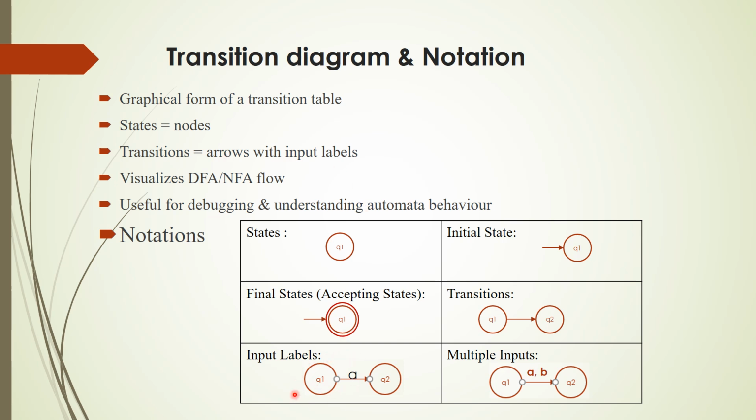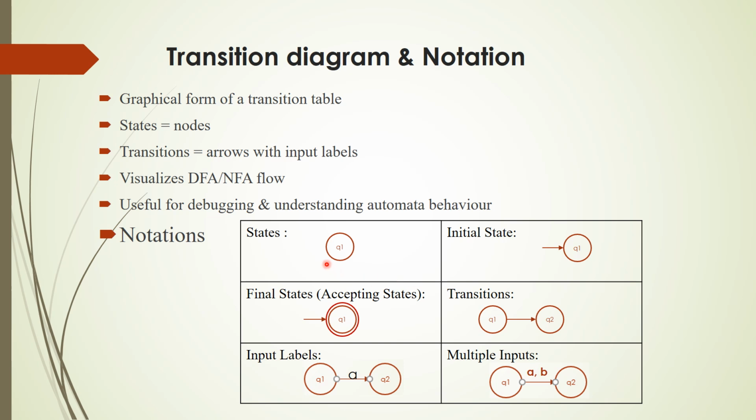In this diagram, you can see the transition from state Q1 to state Q2 happens with the input symbol A. The transition diagram helps us visualize how the automata moves from one state to another. This is especially useful when we are trying to explain, debug or trace the working of an NFA or DFA. Following are some of the notations used in a transition diagram. Let's go through them one by one.